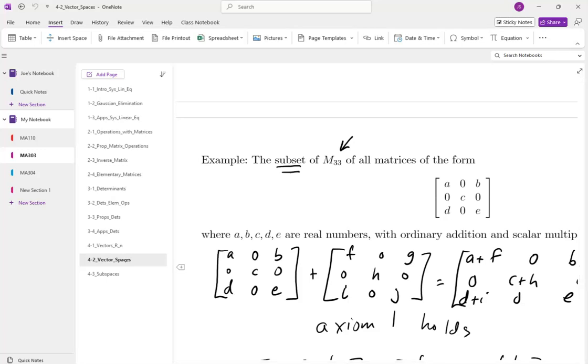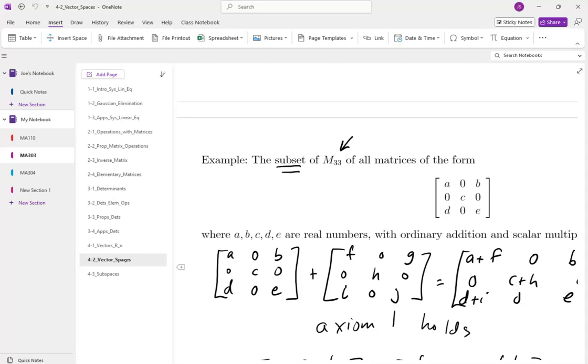We already know that for any m and any n, m by n matrices form a vector space under addition and under scalar multiplication. We had a subset here of that vector space that had a particular form. There was some particular property, or membership property, I guess I should say, that that subset had.